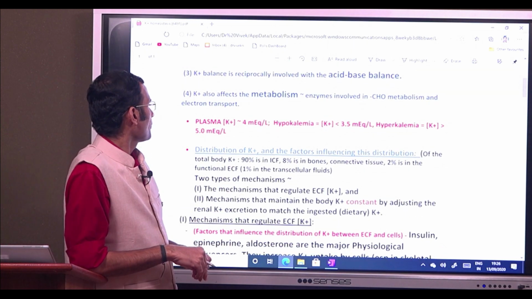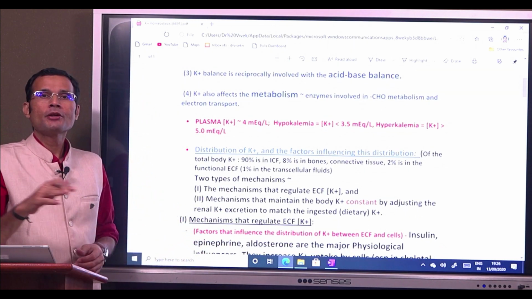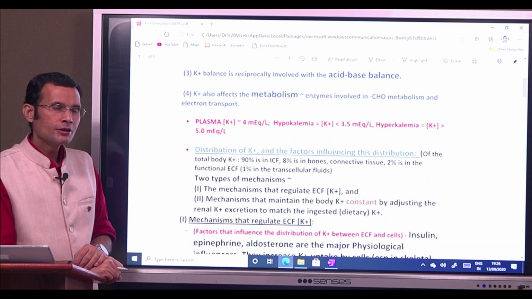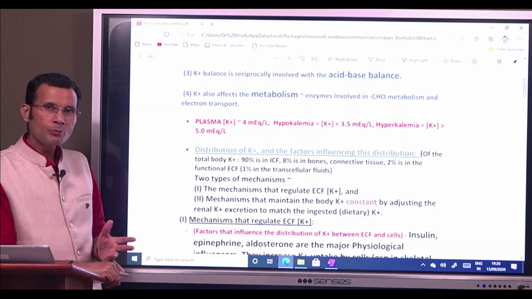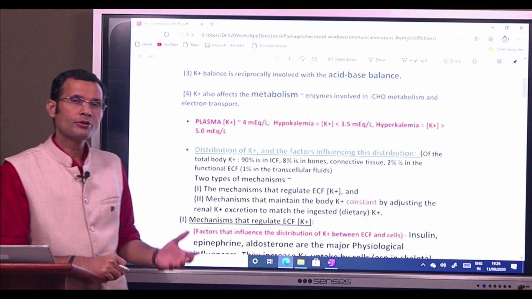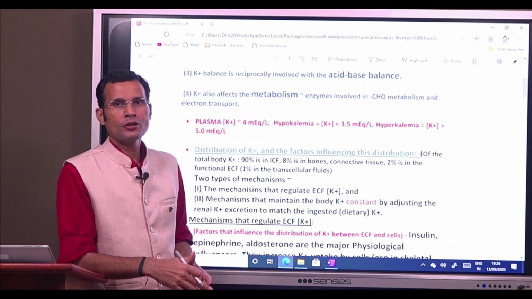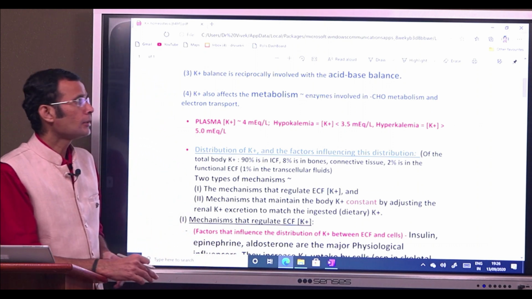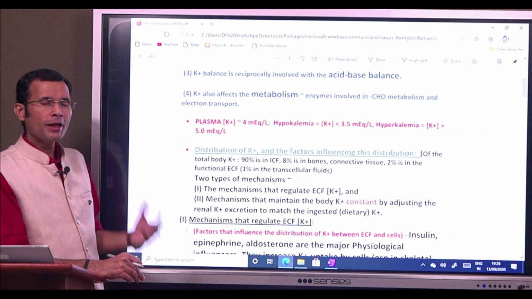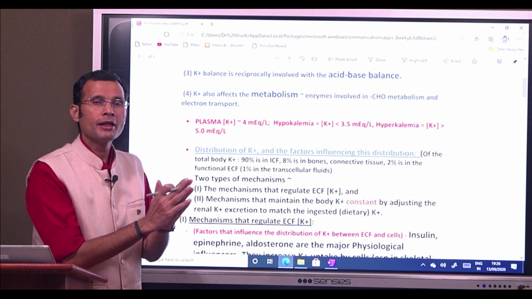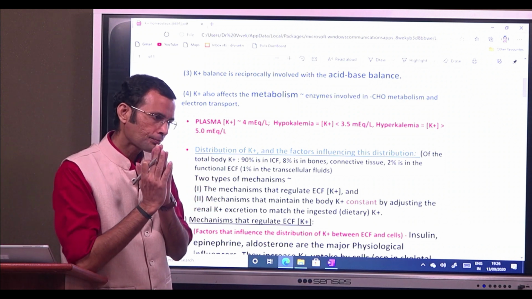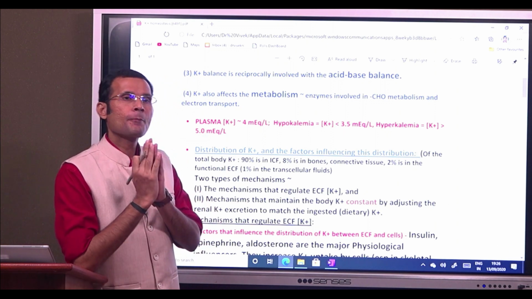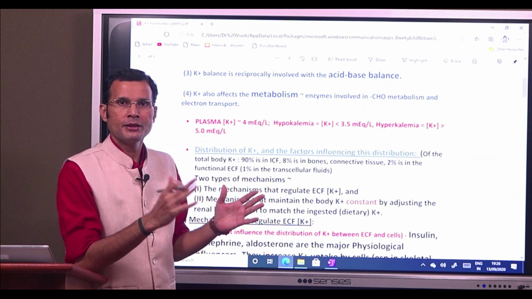Another reason why we need to regulate the potassium is it also affects the metabolism. Some of the enzymes involved in carbohydrate metabolism or electron transport depend on the levels of intracellular potassium. So all in all, it's very important that we tightly regulate the potassium levels in the plasma, in the ECF, and as a whole inside the body.